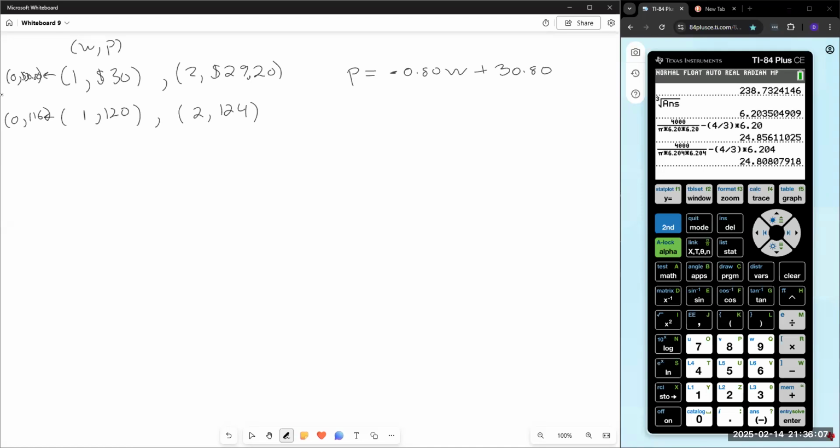So I'll call B my number of bushels, and it's going up by 4 plus 116. Now my price per bushel times my number of bushels will give me my revenue.